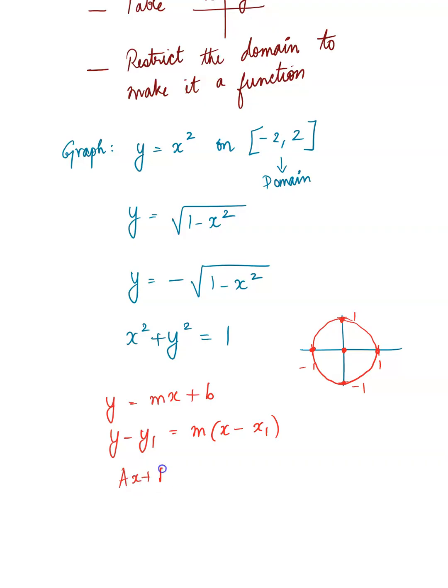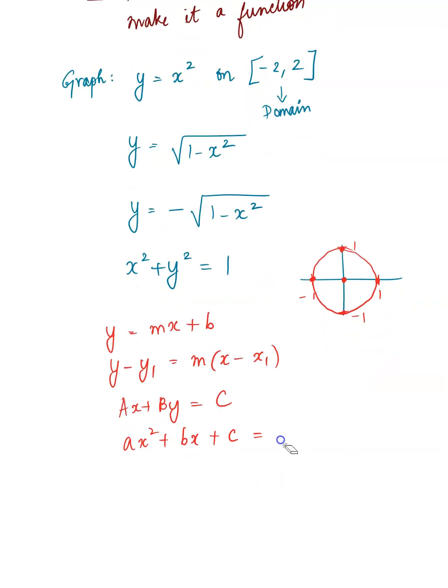Likewise, ax plus by equals c is the standard equation of a line. If you have ax squared plus bx plus c equals 0, this is the quadratic equation. Or if you set it equal to y, then you can plug in for x's and get your y's and so on.